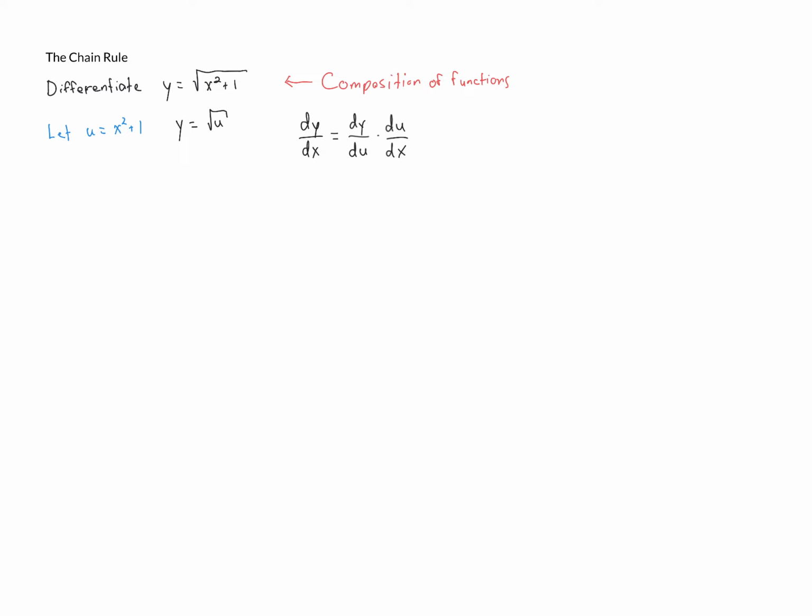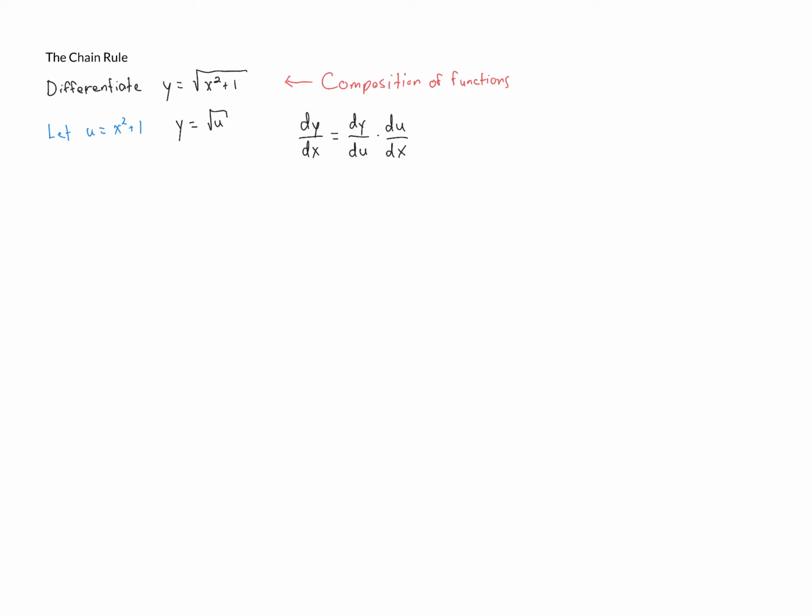Now, I don't want you to think that these are fractions and we can cancel out du, right? These are not actually fractions. These are ways of writing that we are differentiating one quantity with respect to a different variable. So we cannot just cancel these as though they are factors in the numerator and denominator of a fraction. That's not how it works.